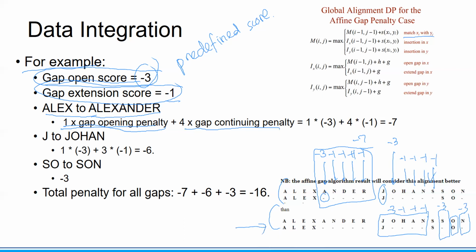We have -3, -1, -1, -1, and then the first one -3, and then we have the matching part, and then -3 again.